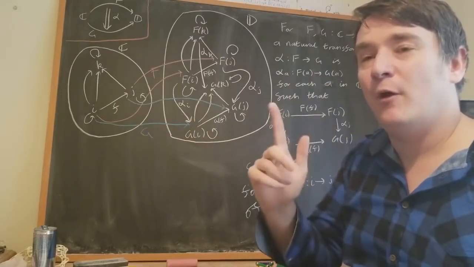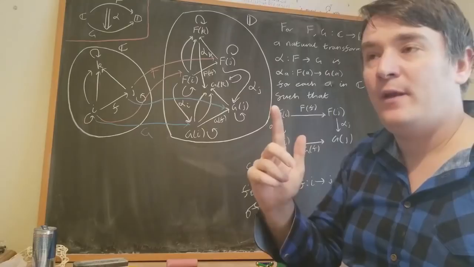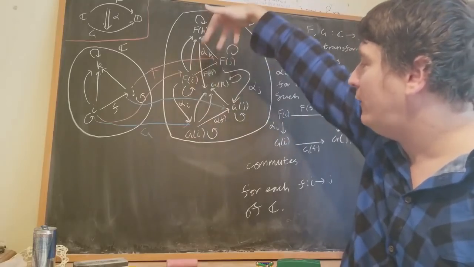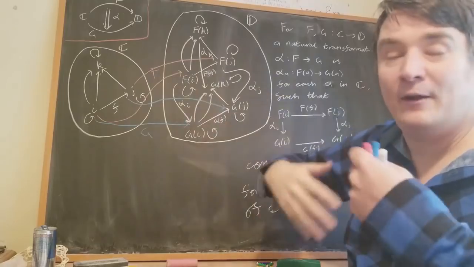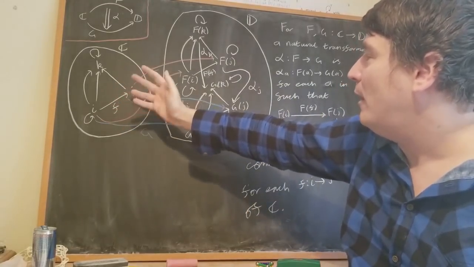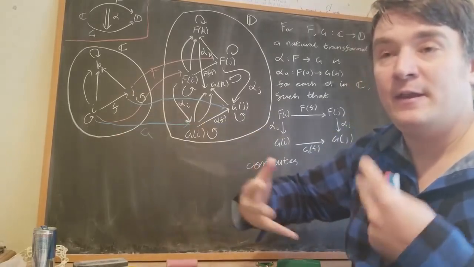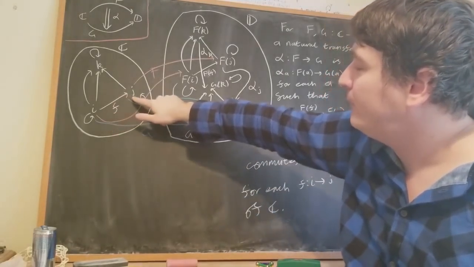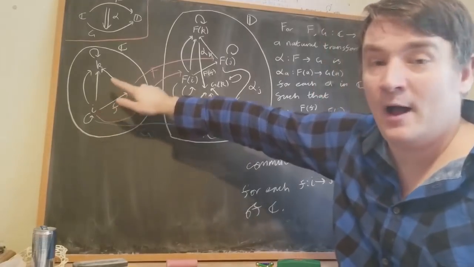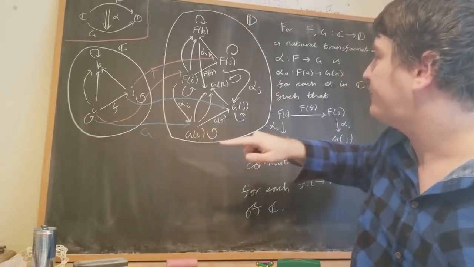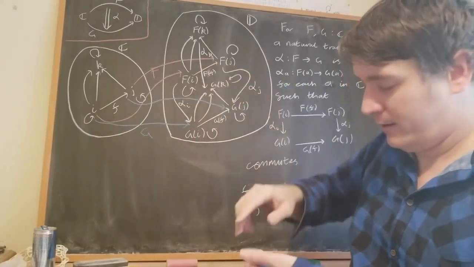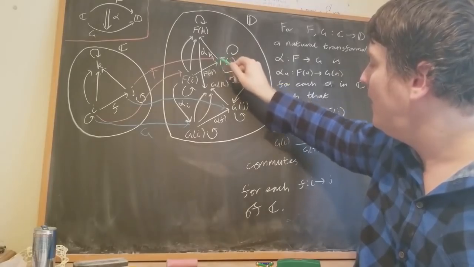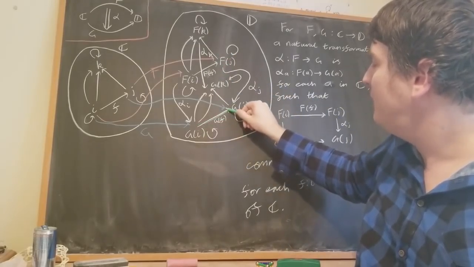Okay, but there's one more thing that we require, and that is essentially about the way that the family of arrows works with respect to the way that these functors map the arrows of C. So basically the second requirement for a natural transformation is that for every arrow F, so we have an arrow F from an object I to an object J, well, under this functor capital F, that'll get sent to this arrow here, and under this functor capital G, that'll get sent to this arrow here.